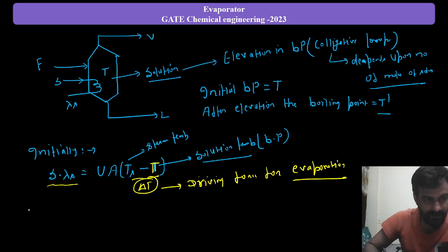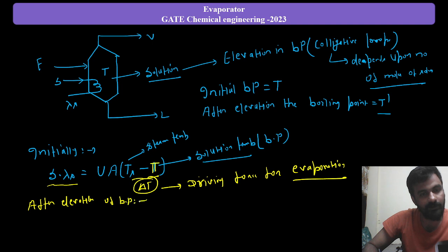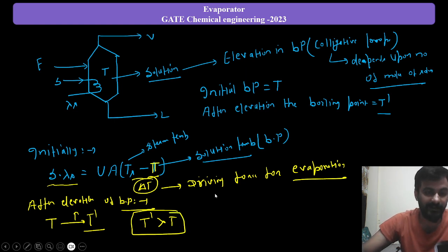Now, my dear student, after elevation of boiling point, what will you say? That T is getting increased and it becomes T dash, where T dash is greater than T, right?